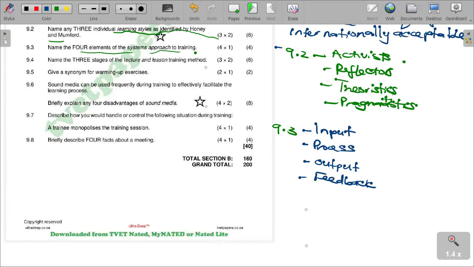So let's move on to 9.4. Name the 3 stages of the lecture and lesson method.